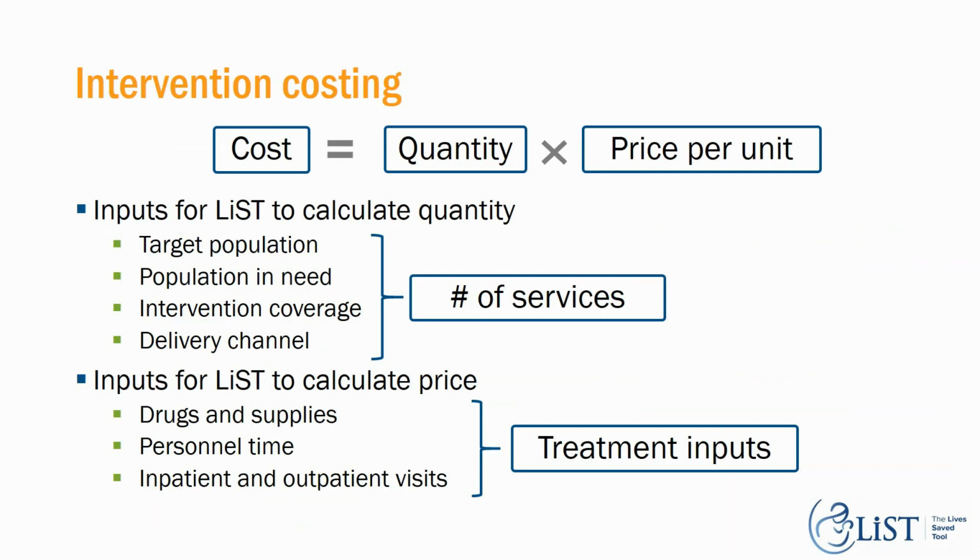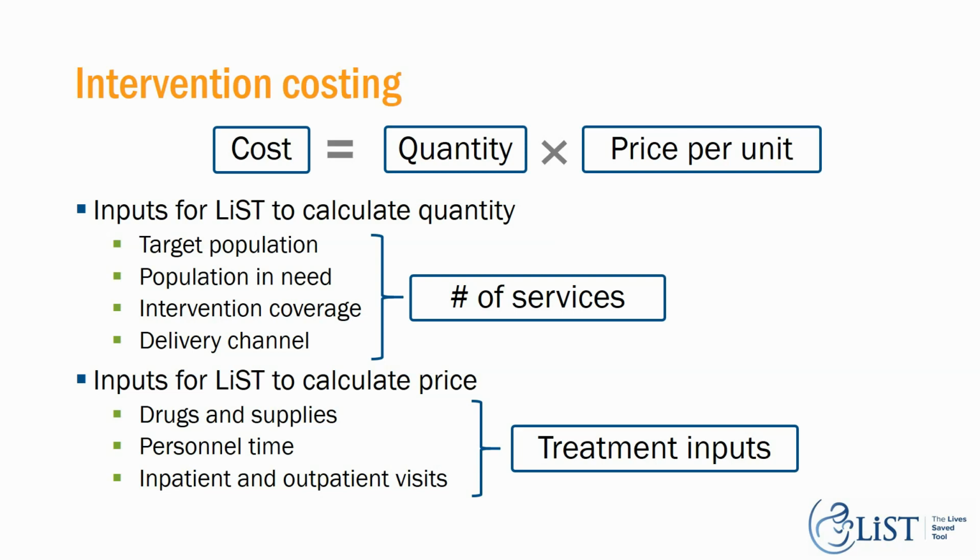So starting with intervention costing. Intervention costing boils down to the quantity of services that we need times the price per instance of delivering that service, so the price per unit. In order to calculate the quantity, meaning how many services we need, LiST will need the target population, the population in need, intervention coverage, and finally the delivery channel, meaning how this intervention is actually being delivered to people, through what channel.